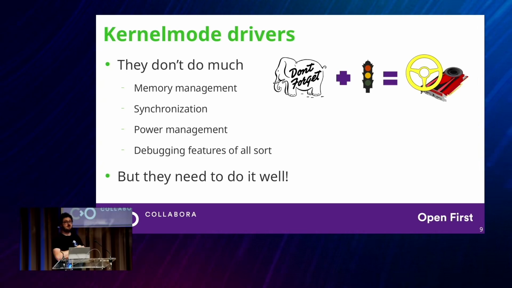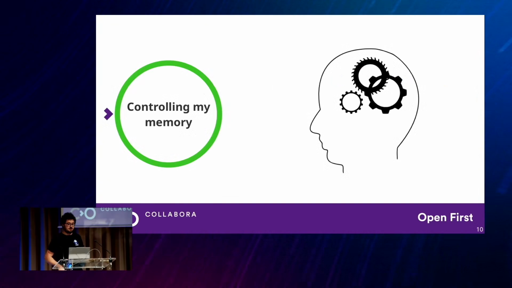Power management: you want suspend and resume to work correctly, especially on an embedded device. Frequency scaling is the same thing; you don't want your GPU to run at full power all the time. And all sorts of debugging features on top, like perf counters, or that sort of stuff. That's not much, but the kernel driver needs to do it well.